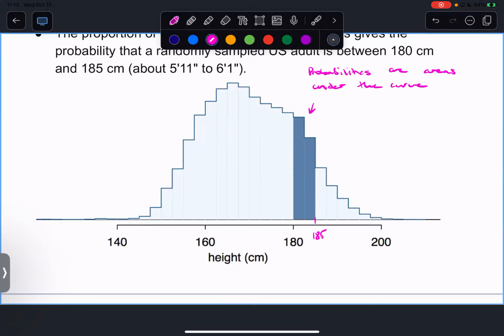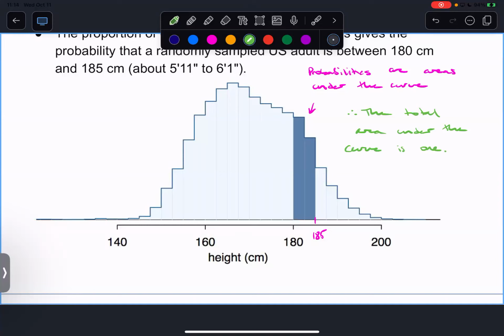What do you think the total area under the curve has to be? If it's all a probability and I'm going from negative infinity to positive infinity, it has to be 1, right? And so therefore, the total area under the curve is 1. Going back to those probability facts.